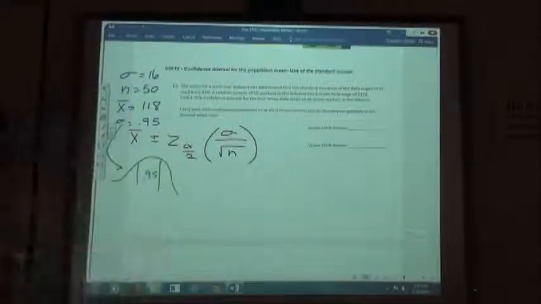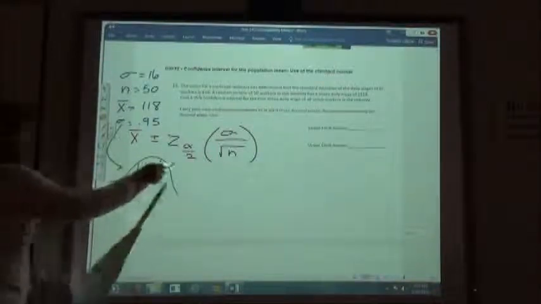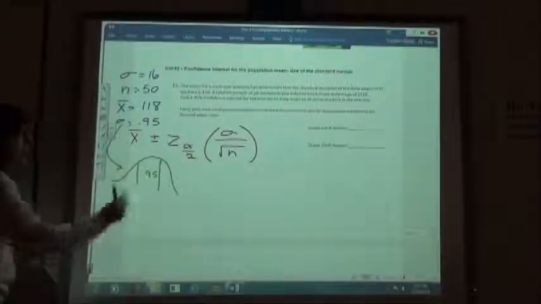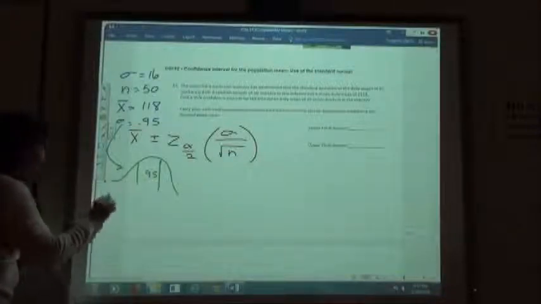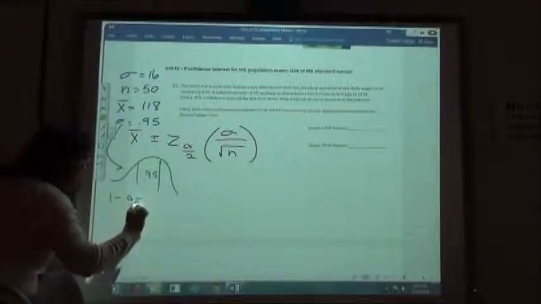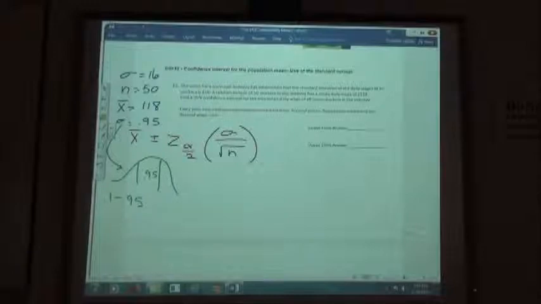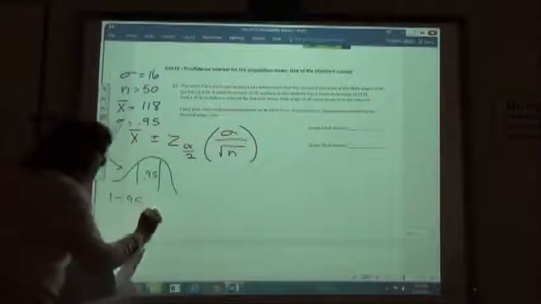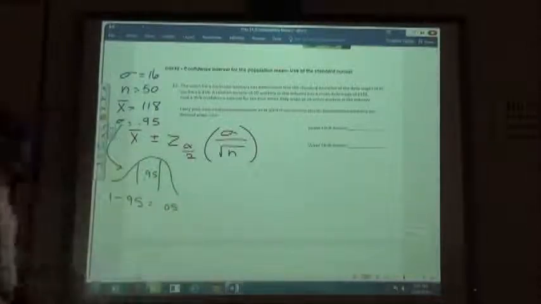If you remember before where we were finding the two ends, this is where we do that part where we're dividing by 2, but first of all we're going to do 1 minus that 0.95, which gives me 0.05.